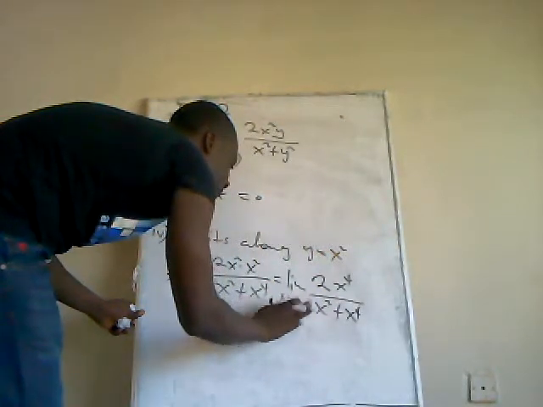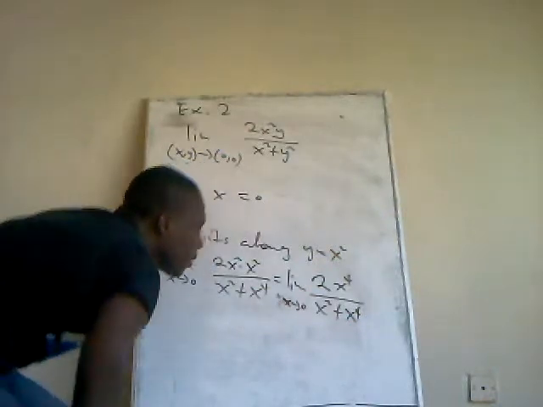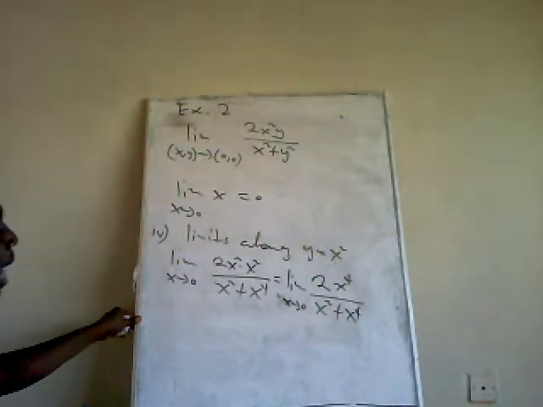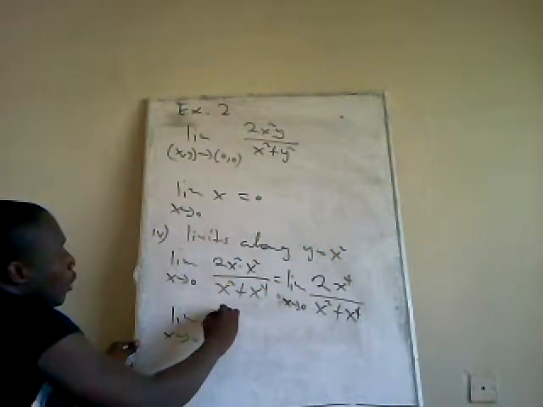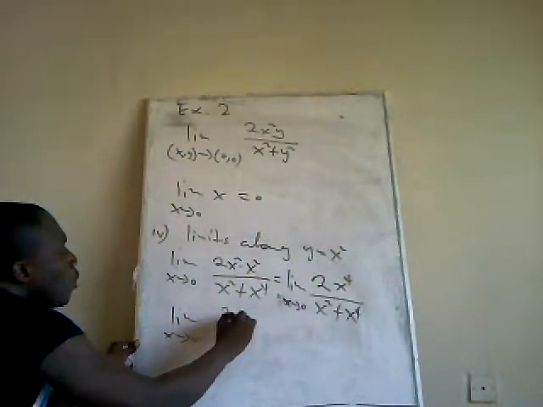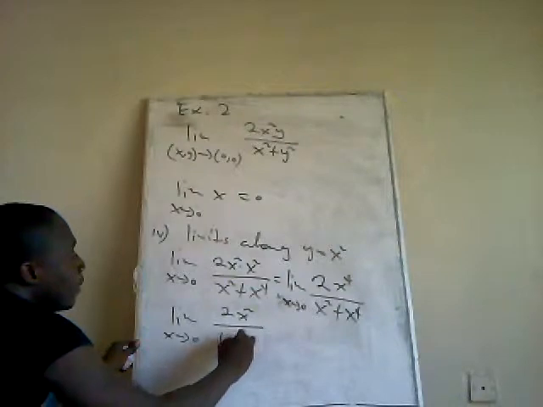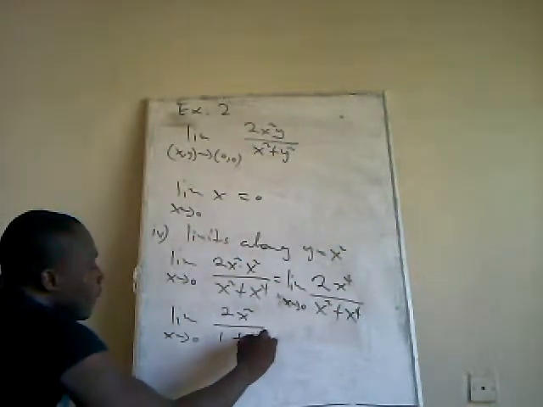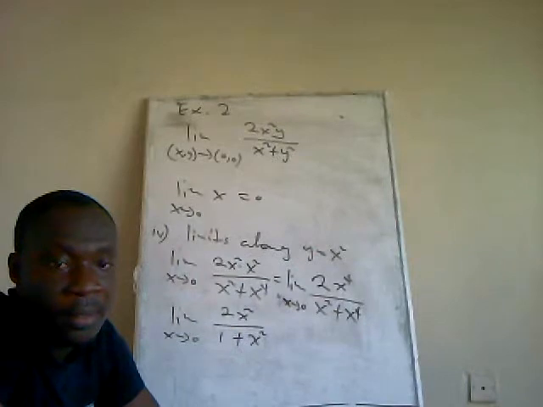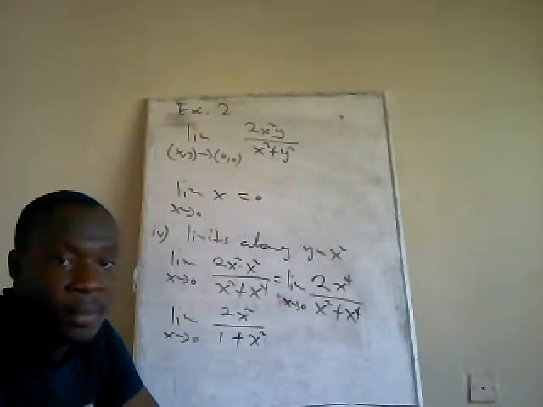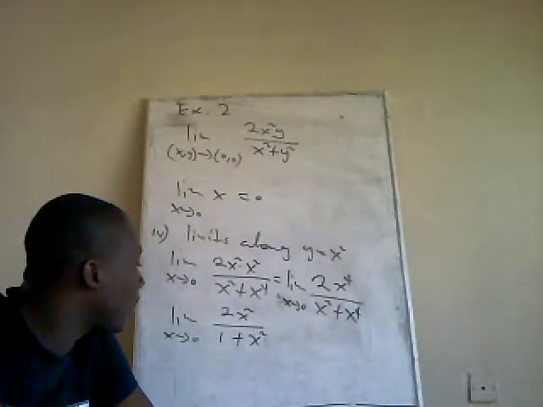That is the limit as x approaches 0. We can factorize x squared out and cancel, and I'll have the limit as x approaches 0 of 2x squared all over 1 plus x squared.